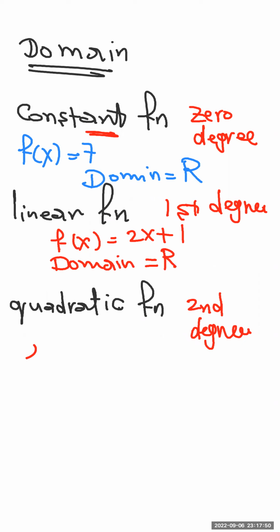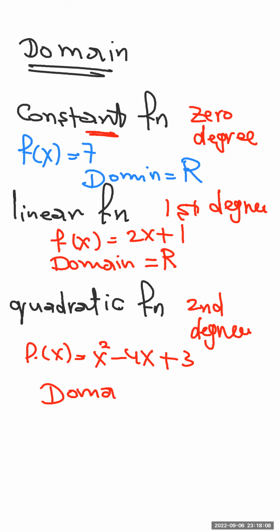Quadratic function, f of x equal x squared minus 4x plus 3. So this means the domain also here will be the real numbers. So always the domain is real numbers, yes, if there is no condition in the function.